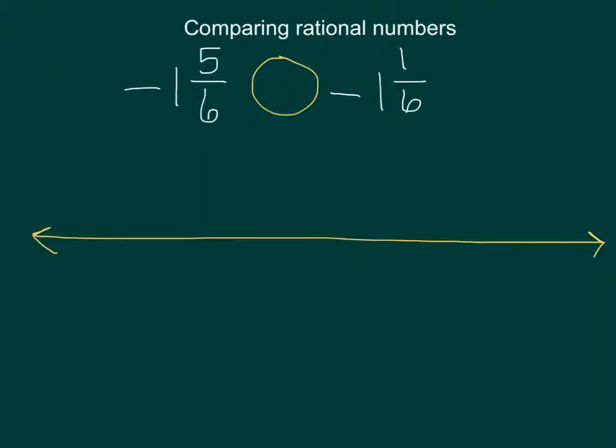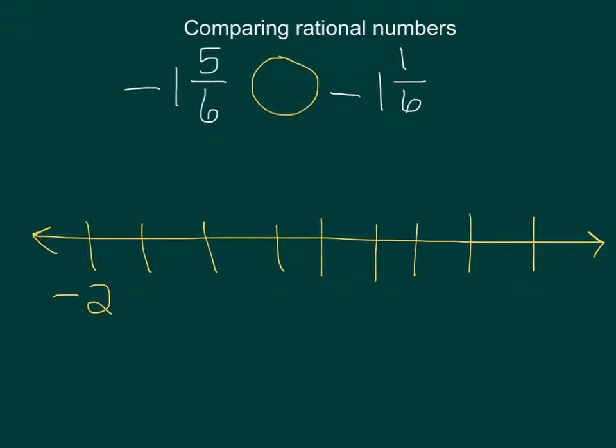Let's look at comparing rational numbers. We have -1 and 5/6 and -1 and 1/6. So you first want to create your number line, and you know that this number is between -2 and -1. It's somewhere between those two numbers. So you want to start with, maybe your -2, which is farthest on the left, and you want to divide your number line in 1/6 increments.